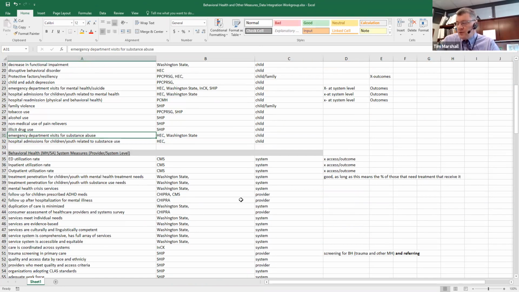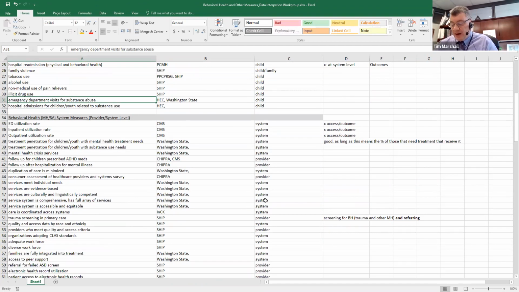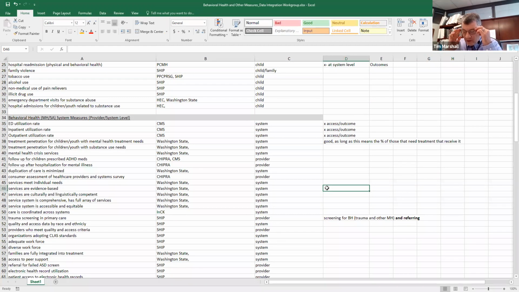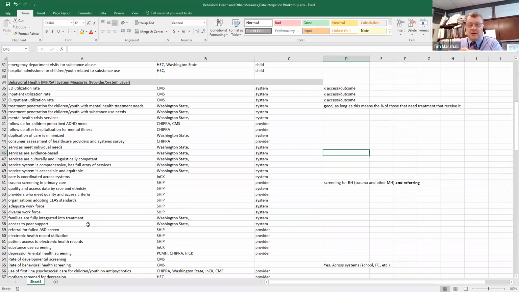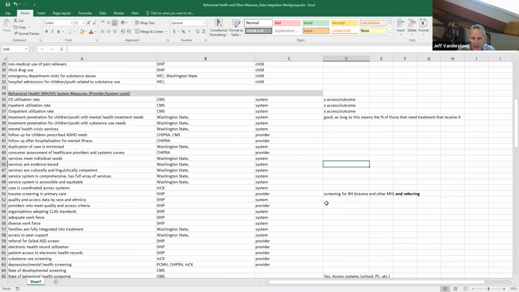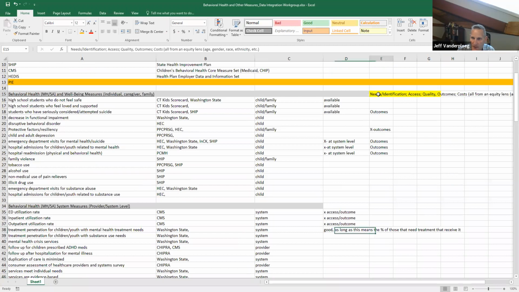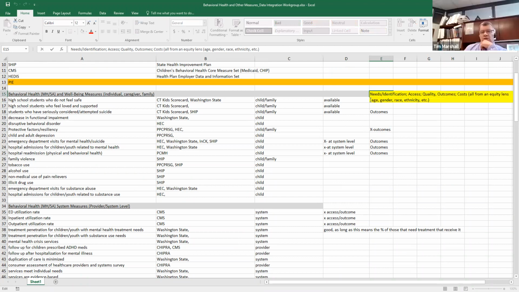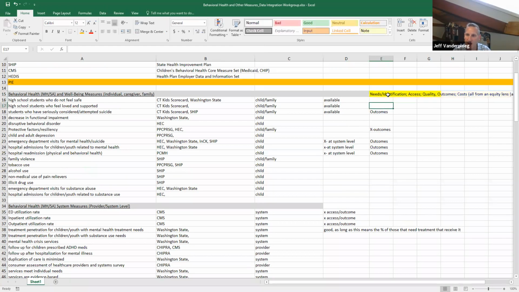Jeff, on another note, I think we haven't made any comment at all about it, but we really should talk about it, particularly where we are right now: adequate and diverse workforce. Yeah, I was just about to go there. I'm glad you raised it, because I would add it to Chris's great suggestion around a framework, that some indicators that group around the workforce area would be a smart thing for us to do, because we may be able to identify need, we may have services available, but we may not have the workforce necessary to address the need.